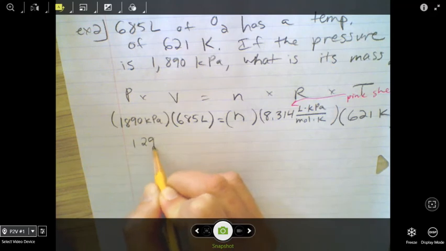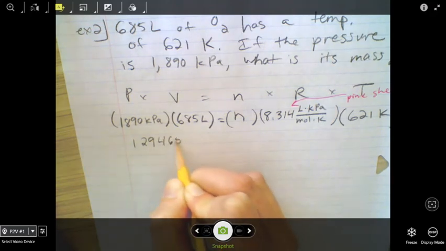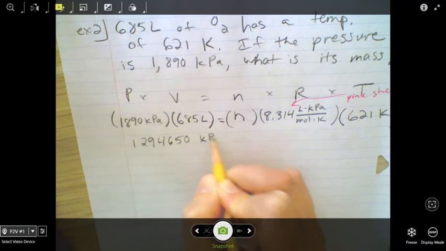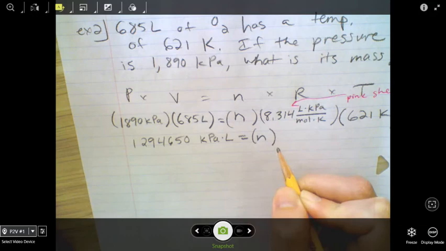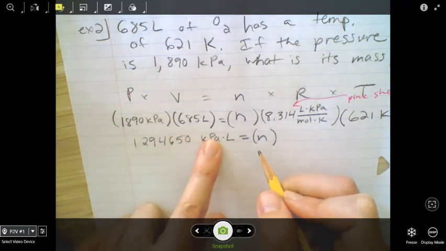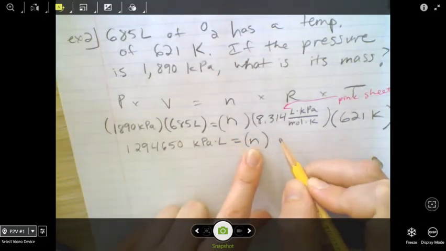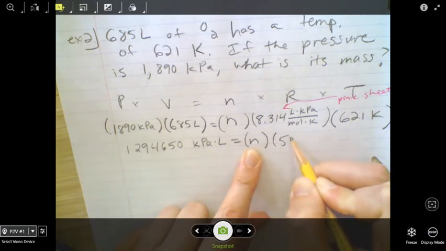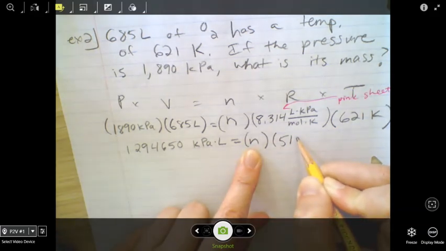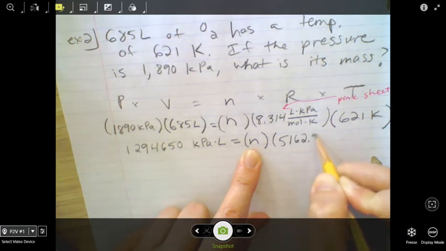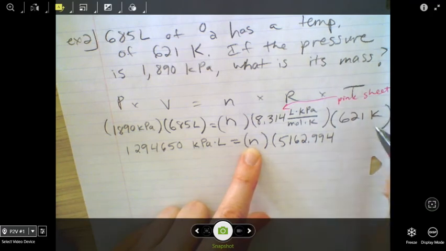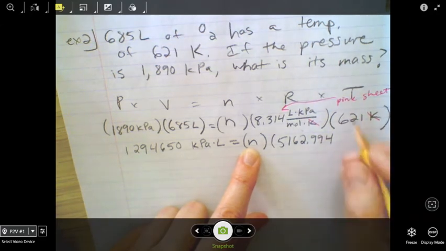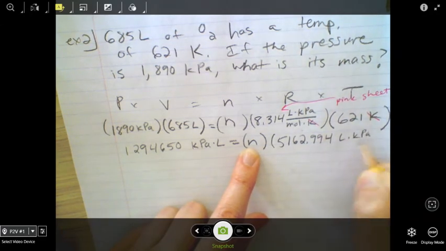I'll show you my work up here. So when you multiply these, the units are kPa liters. And then N times, I got, and notice the Kelvin cancels over here, okay? So the Kelvins cancel because it's on the top and bottom, so this is liters kPa per mole.